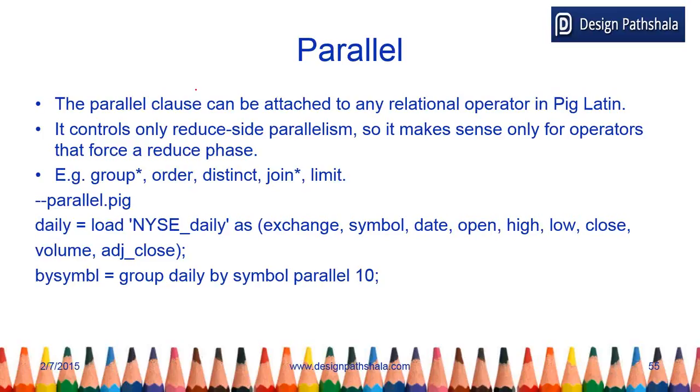So that could be defined with parallelism in Pig. If I say parallel 10, that will ensure 10 reducers would be created for this operation to run. I hope now you understand where parallel would make sense. The operators which run in your reducer phase make sense with parallel.